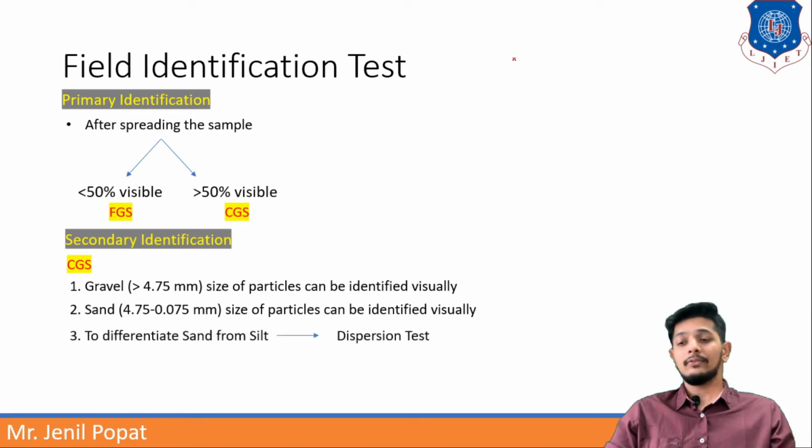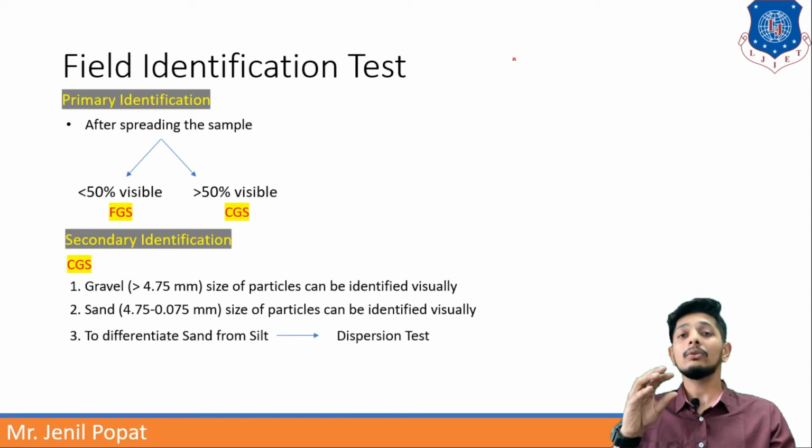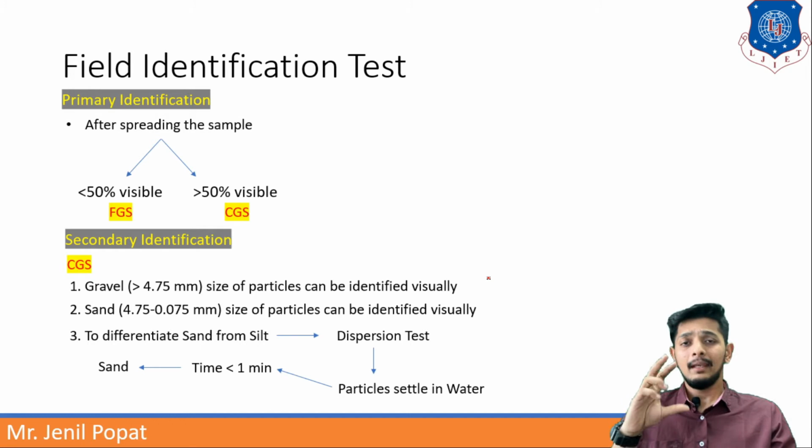And if it is a mixture of sand and silt, then you have to do a dispersion test. Here you can see the dispersion test. In the dispersion test, after dispersion, particles settle in water. You have to take a transparent glass of water. In that, you have to add some soil.